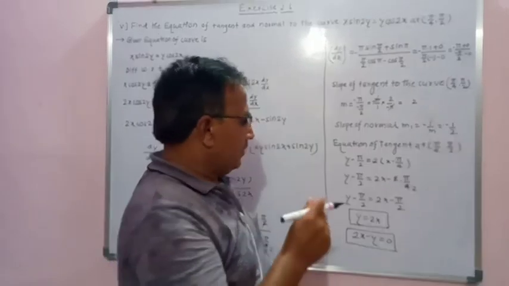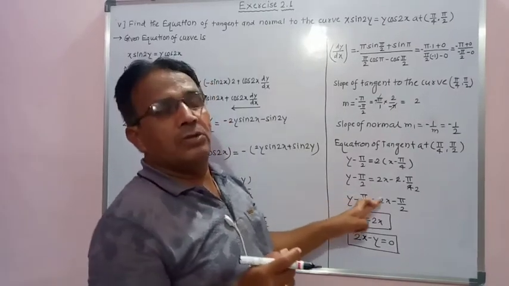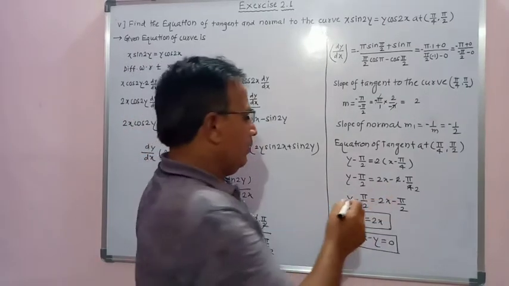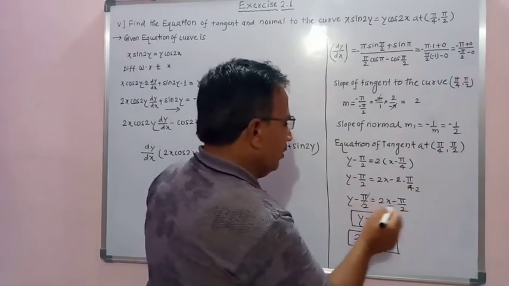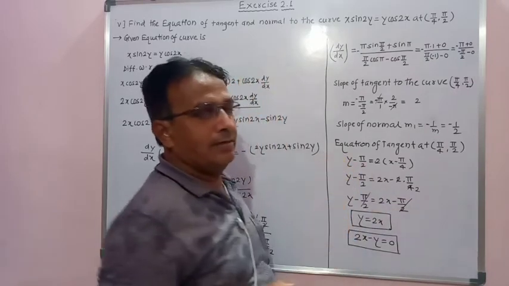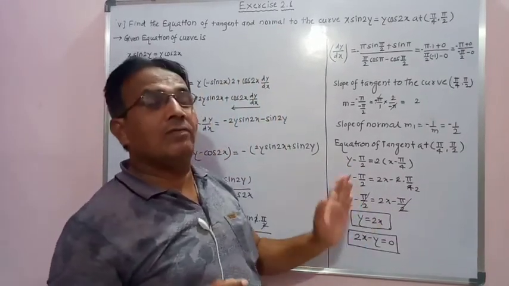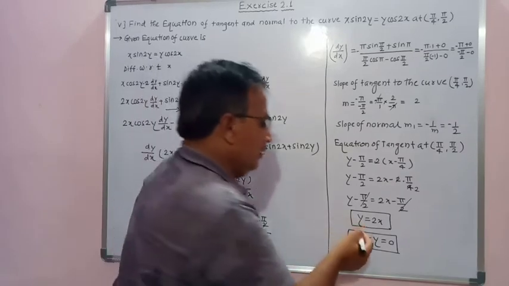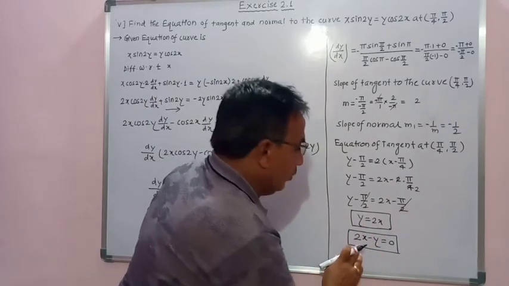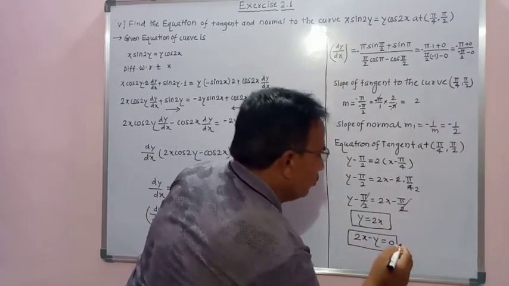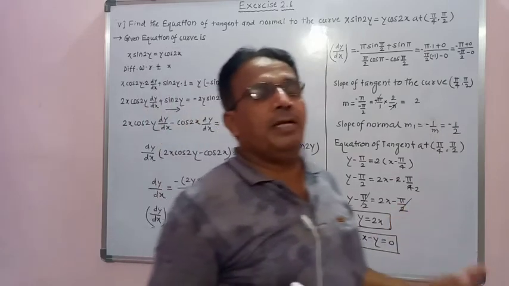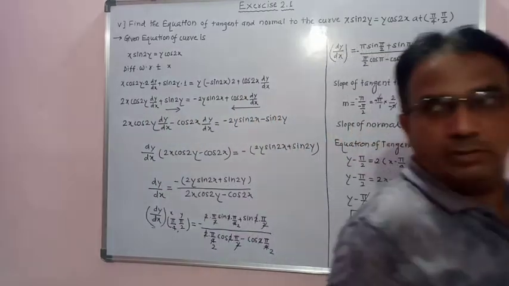Transposing, the similar terms pi by 2 and pi by 2 are cancelled. Therefore, y equals 2x. Transposing y to the right side, 2x minus y equals 0. This is the required equation of tangent to the curve.